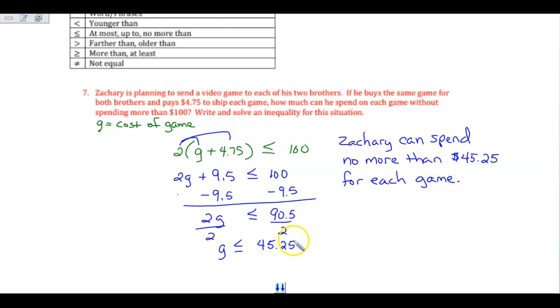Okay. Now, he can spend $45.25. He just can't spend more than that.